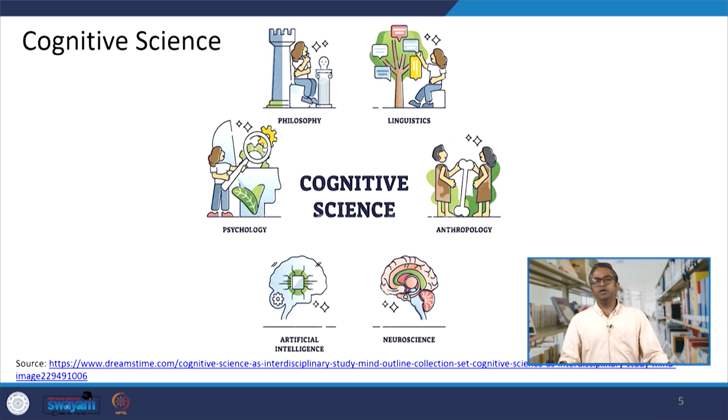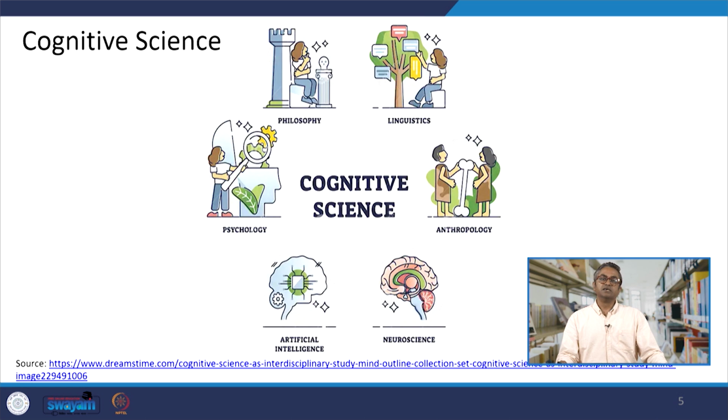So, in approximately 1956, when a group of scientists at MIT was sitting and having a discussion, they realized that a discipline like psychology, which studies human behavior, was not capable enough to address and understand phenomena like language, production, and understanding.